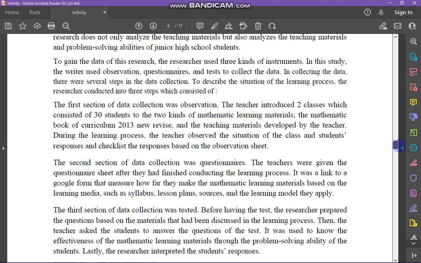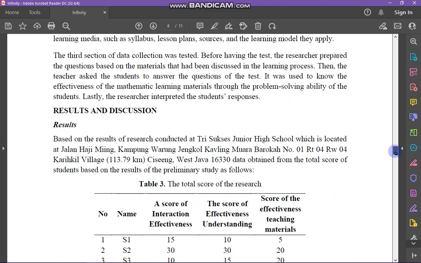And then the result and discussion. This section contains a description of the main findings of the research.